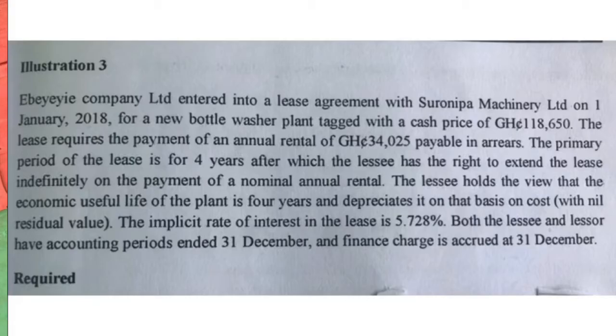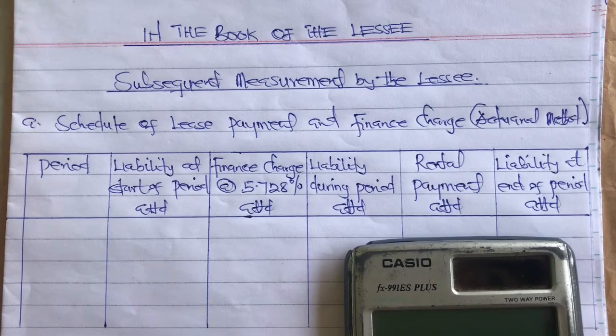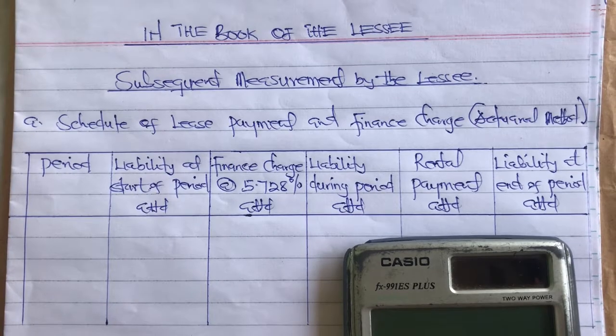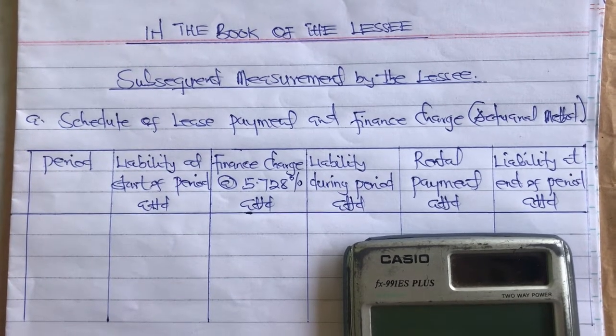The annual rental payment is 34,025 Ghana cedis payable in arrears. This means that payments are made at the end of the financial year. And the implicit rate of interest in the lease is 5.728%.